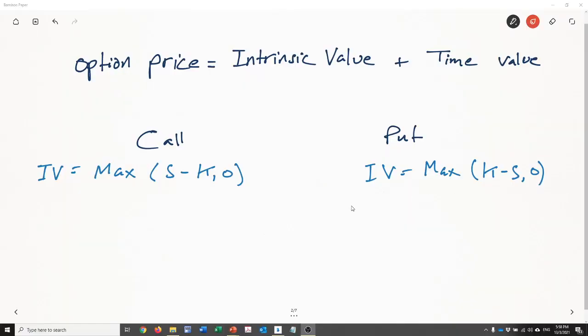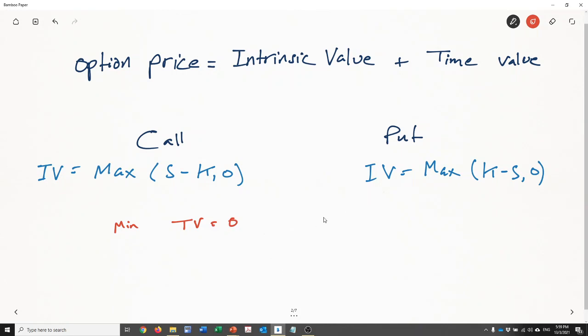The second condition is based on the minimum possible value the option price can take. Now, if you want to look at it from a mathematical point of view, what is the minimum value that the time value can take? Well, we learned from chapter 10 that the lowest value the time value can take is 0.